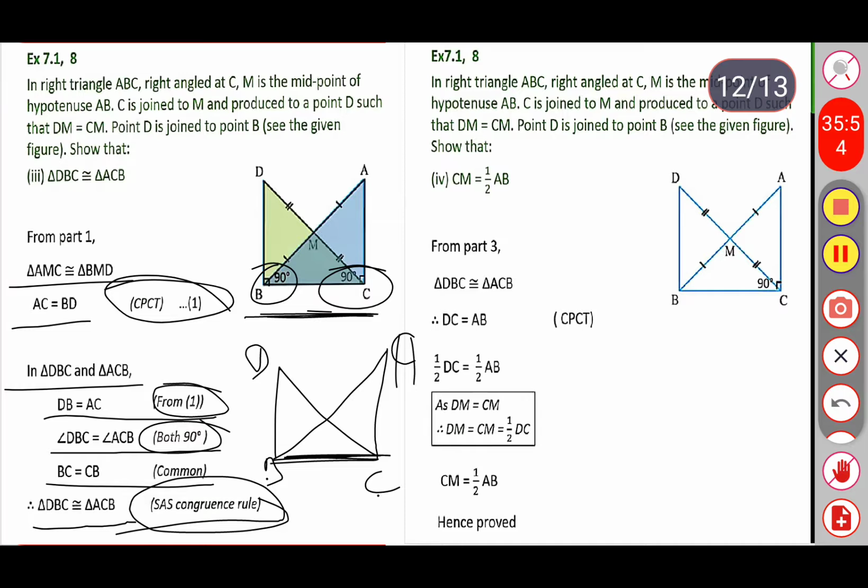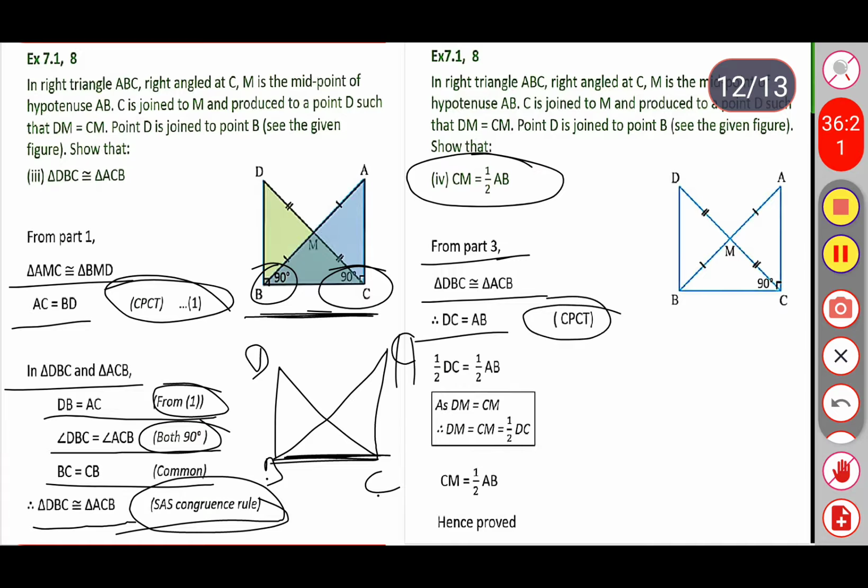See the last, fourth question, that is CM is equal to half of AB. In the third part we already proved that triangle DBC is congruent to triangle ACB, right? So DC is equal to AB, since the two sides are equal by using CPCT. What is half of DC here?